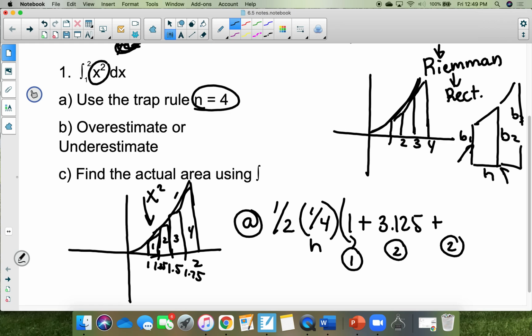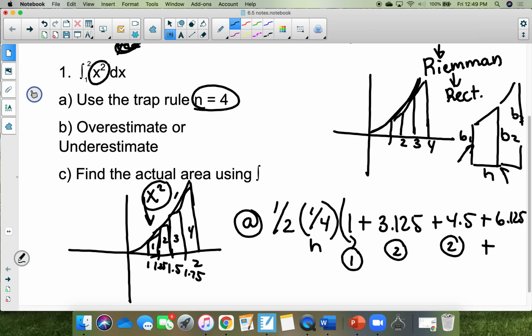The next base is going to be 1.5, and it shares the 2 and the 3. So put 1.5 in there, square it, and multiply it by 2. You're going to get 4.5. Then put 1.75 in there, multiply it by 2. You're going to get 6.125, plus, and then put 2 in there and you get 4.